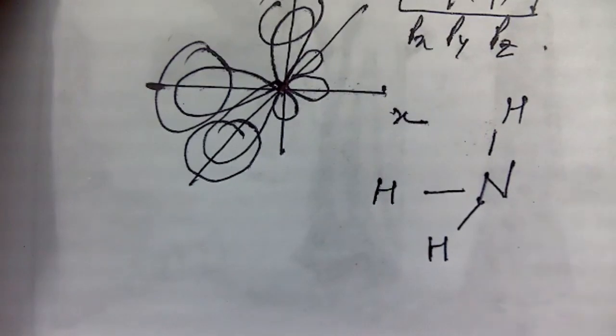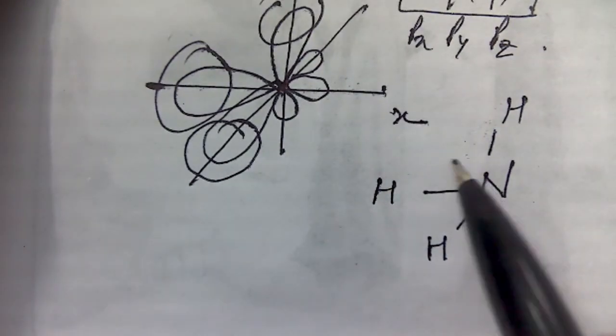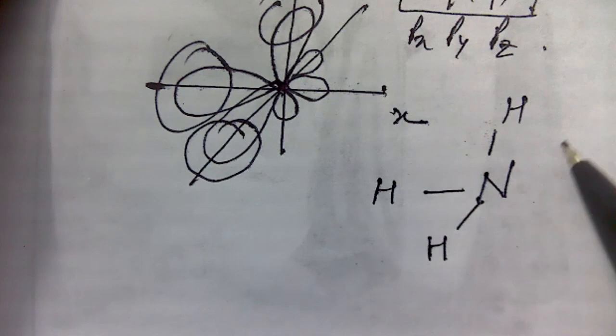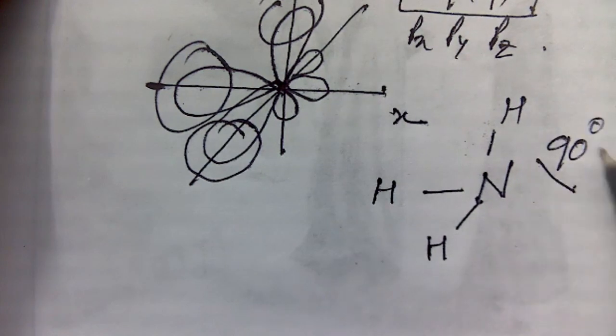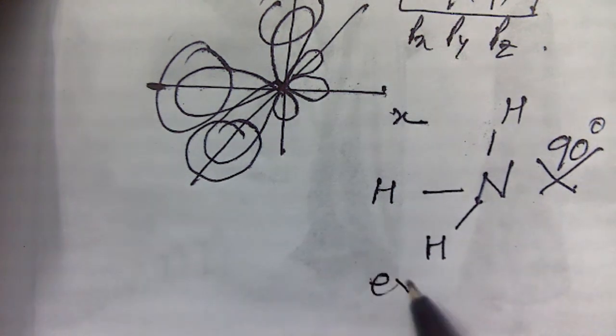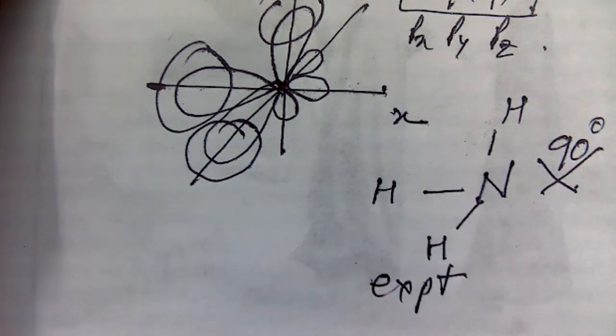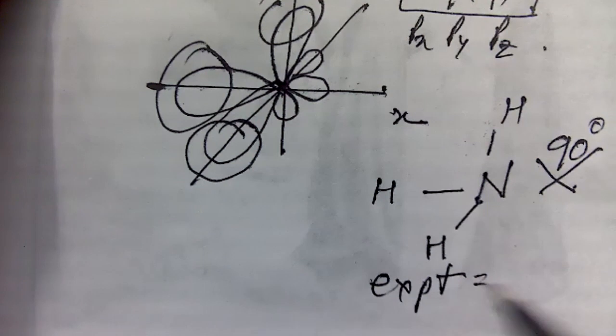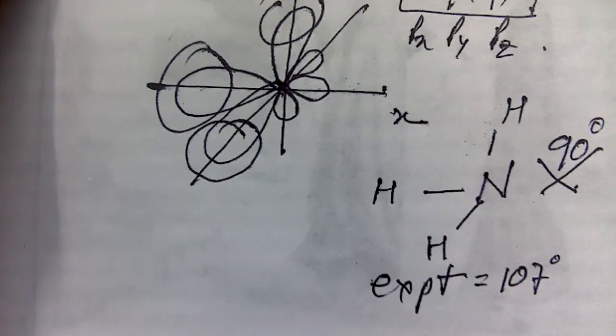So here also, according to valence bond theory, this is coming to 90 degrees, but this 90 degrees is wrong. The experimental angle is 107 degrees.